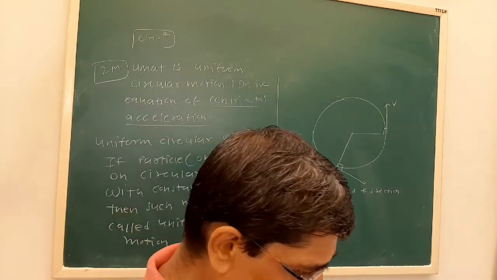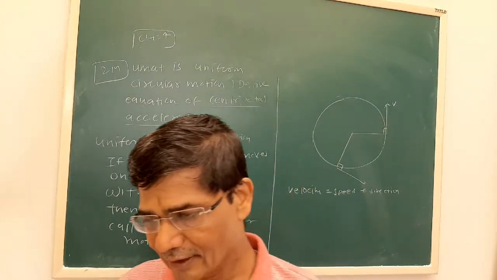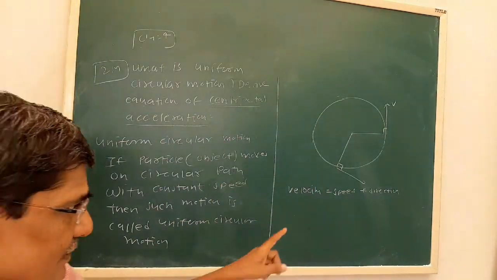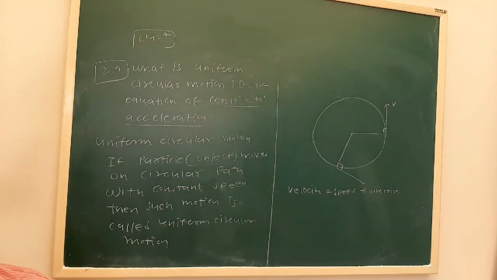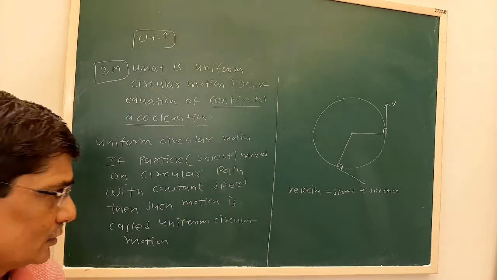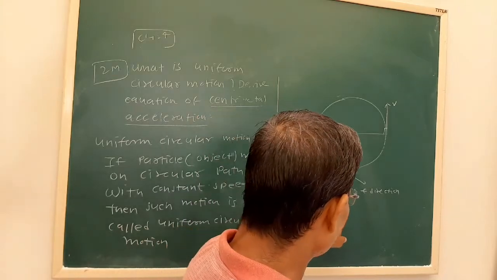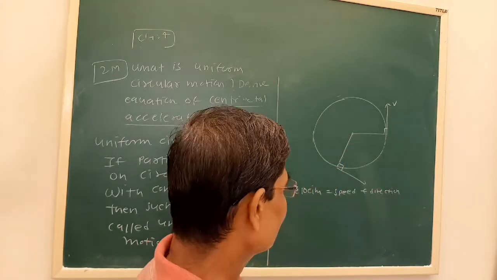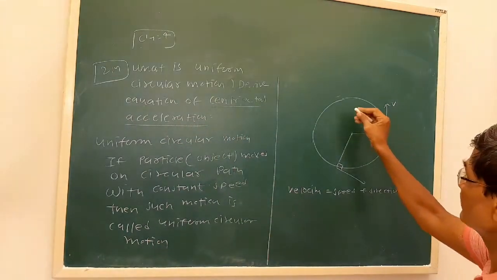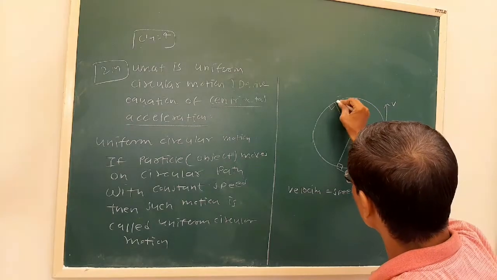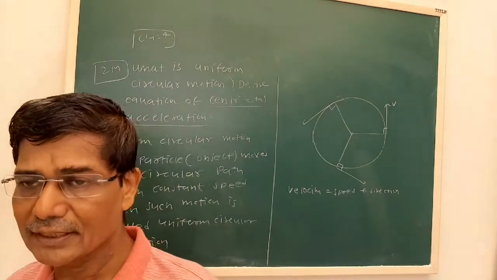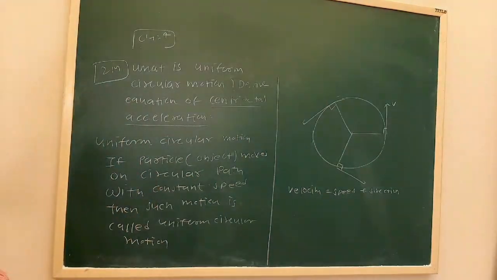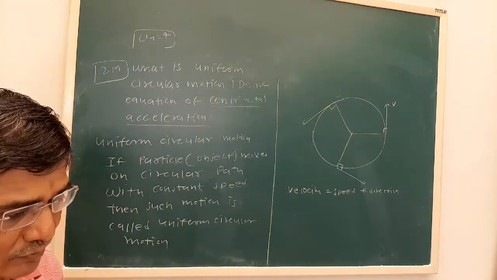Velocity is a vector quantity, it can be changed in three different ways: by changing the magnitude, by changing the direction, or by changing both magnitude and direction. So here, the value of speed is fixed, but the direction is continuously changing. Let us say when it is here, the tangent will be like this. So the direction of the velocity is continuously changing.